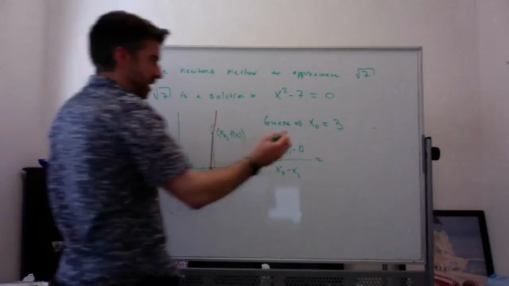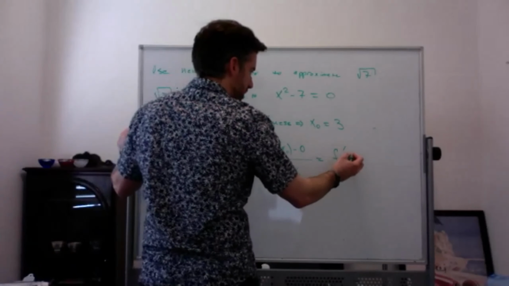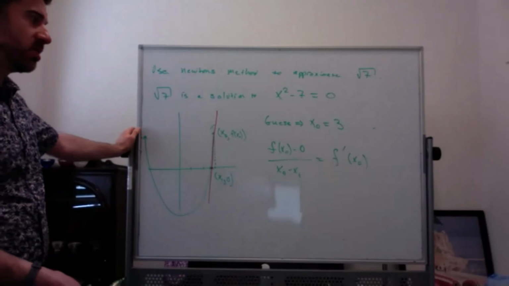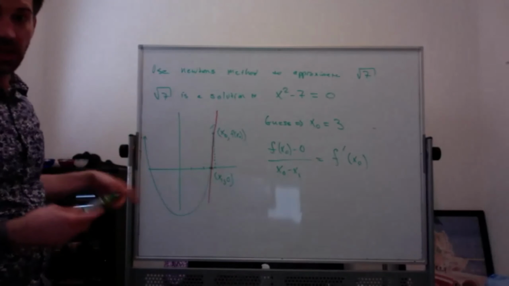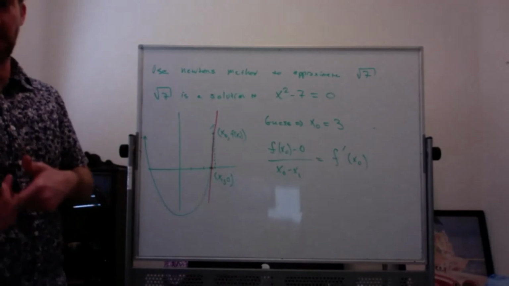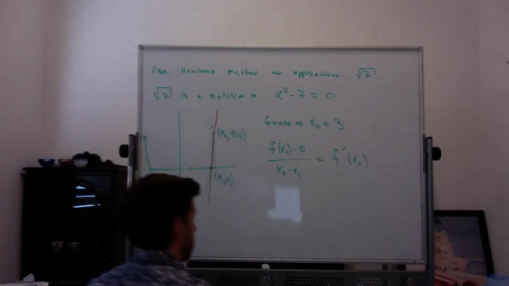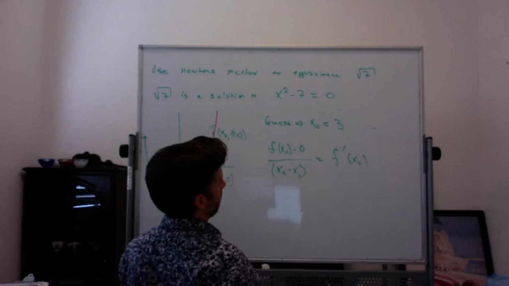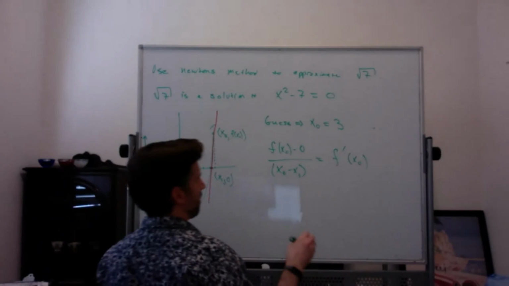But the slope of the tangent line is the derivative at the point x naught. And then we're going to use this to solve for x1 because we're trying to input x naught to get to the next value, which is x1. So I'm going to multiply both sides by this. I think some people do some other thing with it, flip, whatever. I'm just going to do it the way that makes sense to me.